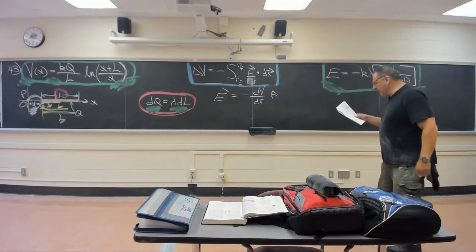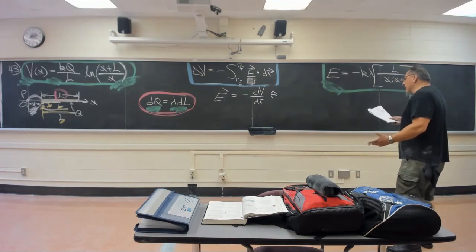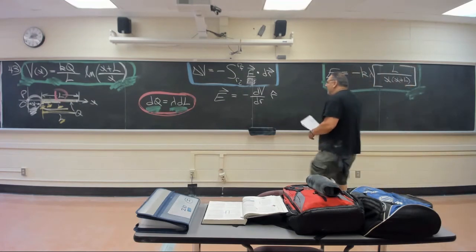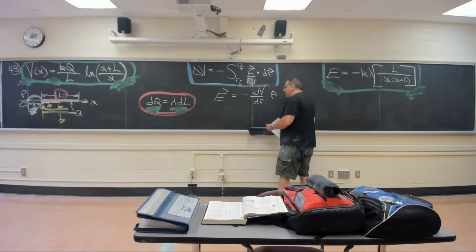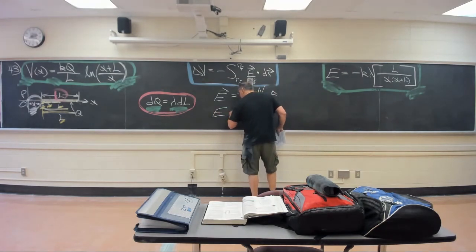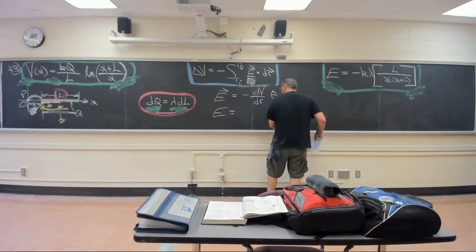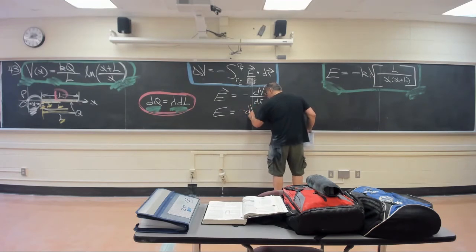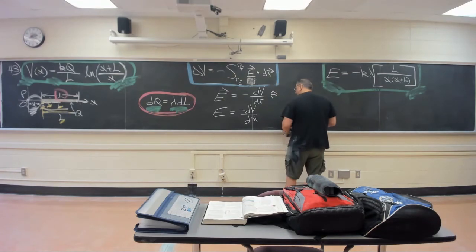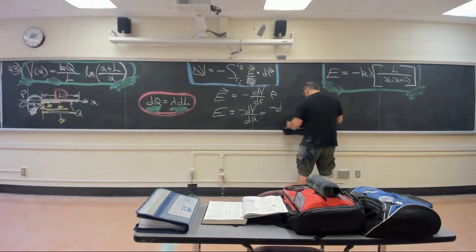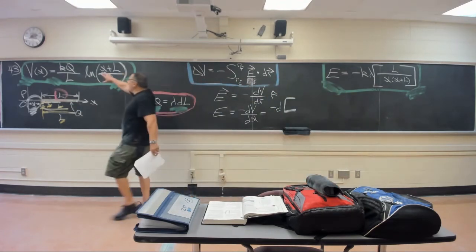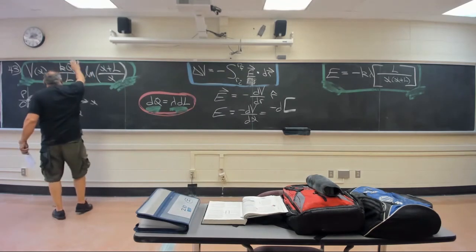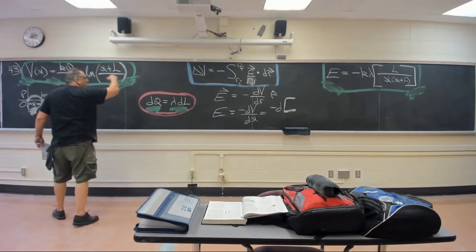I didn't put the r hat in the notes, but that's kind of the argument here, guys. The r hat under consideration, we know it's associated with the x direction. It's going to be negative dV dx associated with the x direction. It's going to be negative d, what do we say V was? We discovered V to be this, kq over L, lambda, the whole thing here.